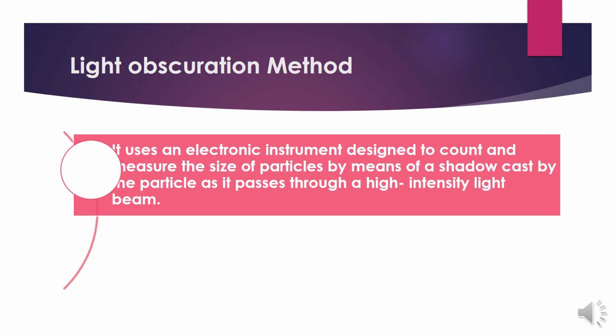It means that when the particle passes through the high intensity light beam, it creates a shadow, and by means of that shadow the particles are counted and their size is measured automatically by this instrument, giving you the number and size of particles available in your preparations.